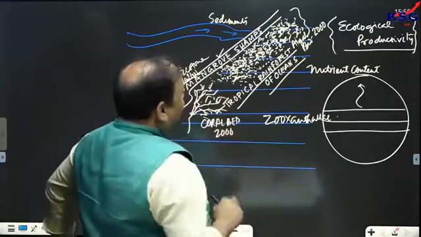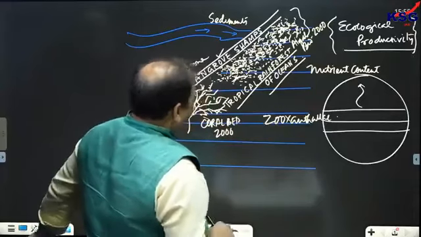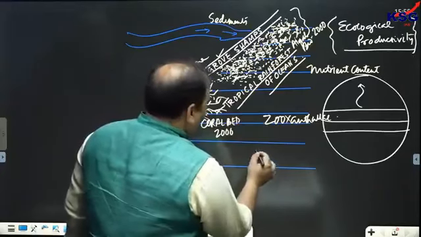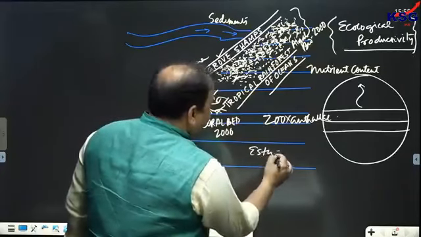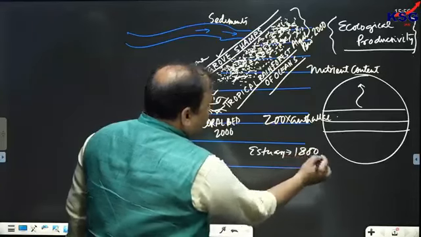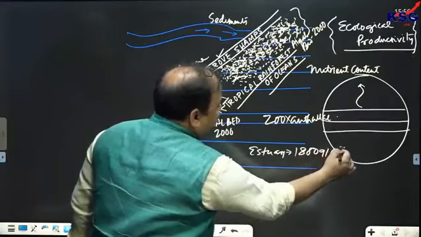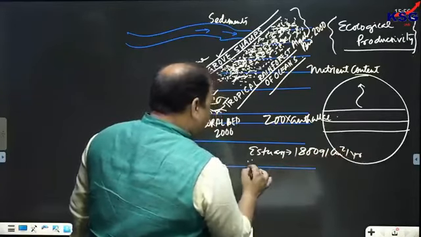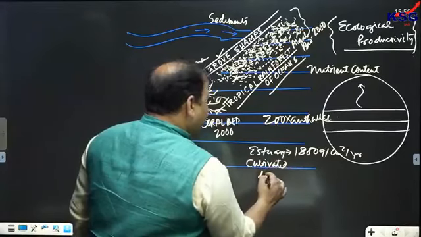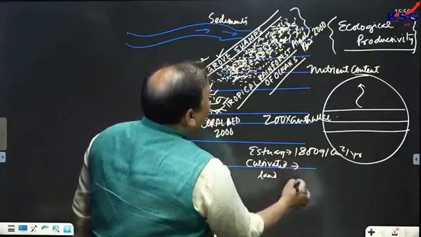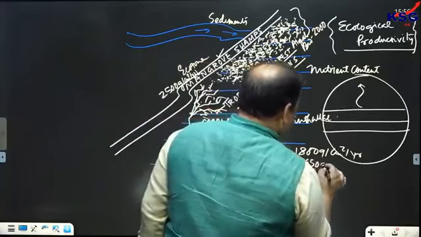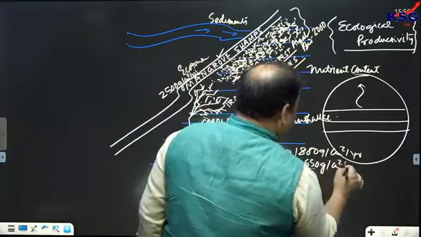So this area is called what? It is referred to as the tropical rainforest of ocean because of high ecological productivity. Estuary is also an ecotone, with a productivity of 18,000 gram per centimeter square per year. Cultivated land has an ecological productivity of 650 gram per centimeter square per year.